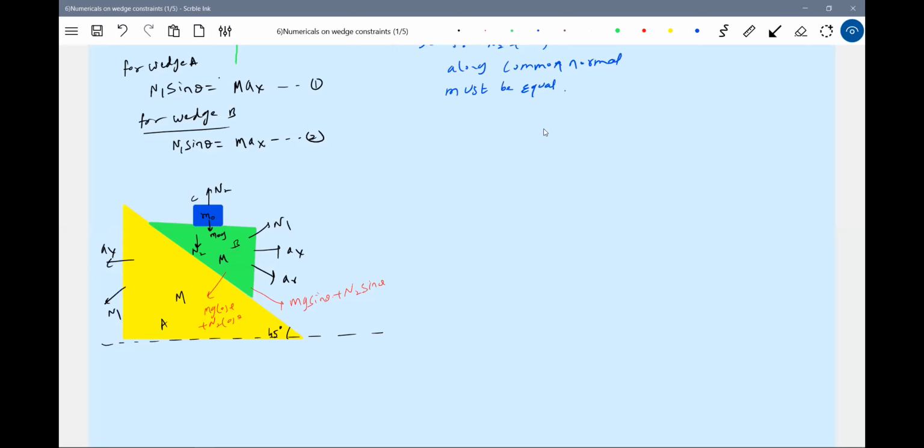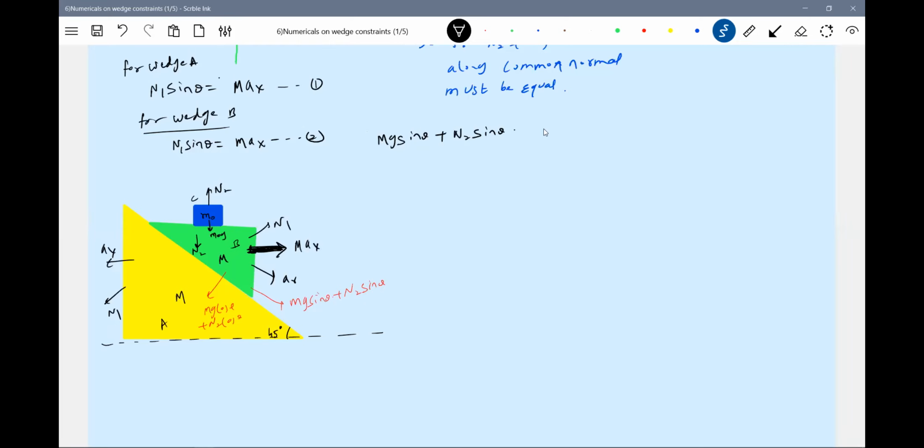So let's write the equation now. mg sin theta plus N2 sin theta. Pseudo force shall be applied, in what direction? Towards right. We made a practice of showing the pseudo force with a thick arrow.